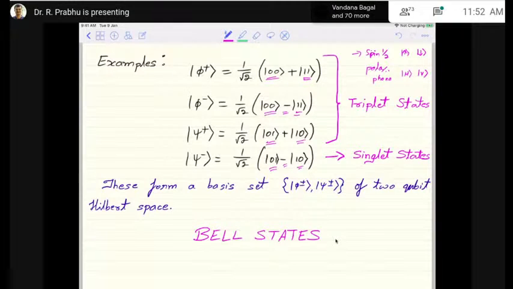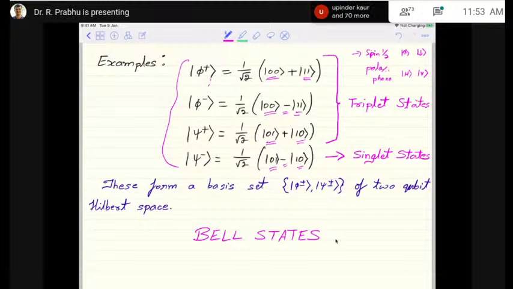This set of 2-qubit states will form a basis. Basis means, recall, that they are mutually orthonormal: when you take the inner product of a vector with itself, you get normalization, that is, it should give you 1. And when you take the inner product of any one vector here with the others, it will give you 0.